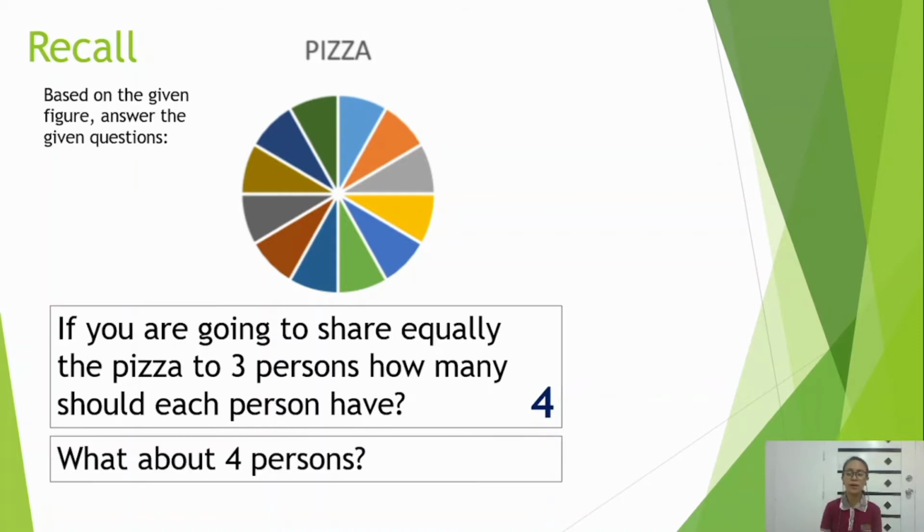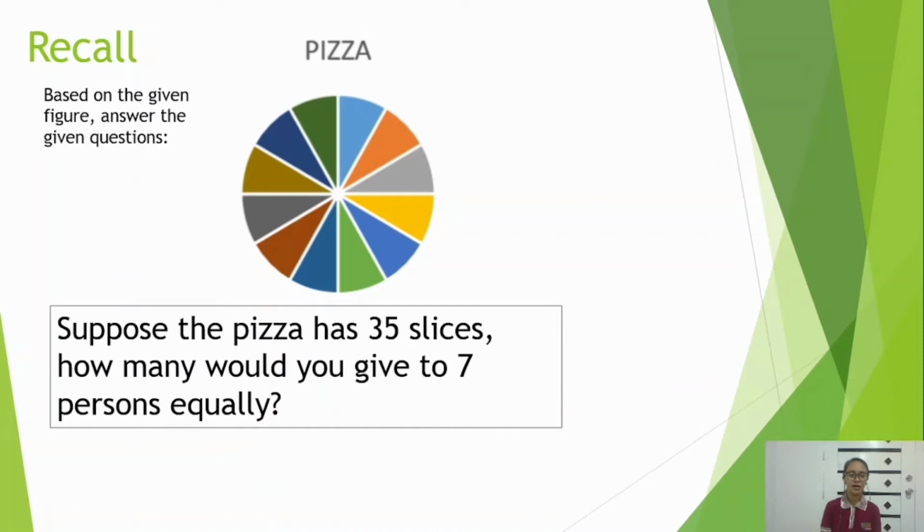So, what if 4 persons na ang maghahati-hati sa 12 pieces ng pizza? How many does each of the 4 people get? So, our answer is 12 divided by 4, which is equal to, yes, 3. Now, suppose the pizza has 35 slices. So, madami na siya, no?